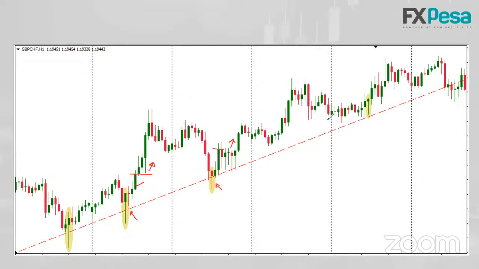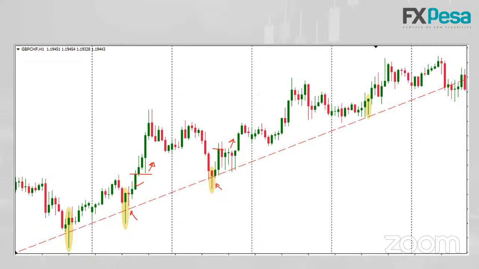And those examples, you can see them all along on the chart. So that's the example for a bullish movement in the market and how you could use the bullish pin bars or the bullish reversal candlesticks.